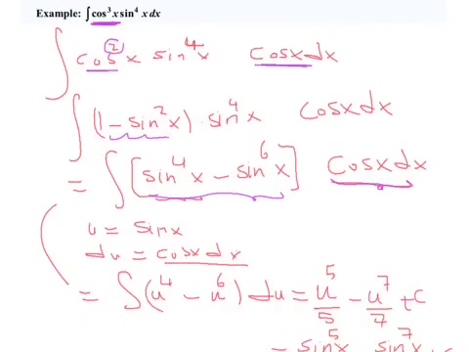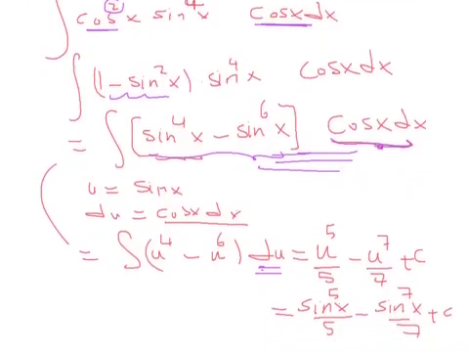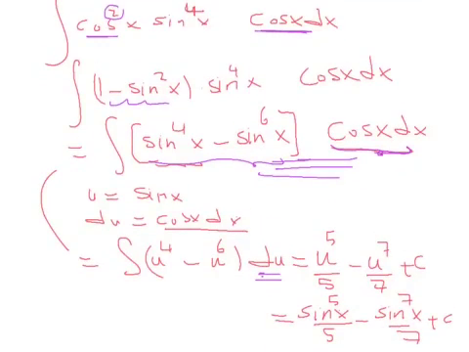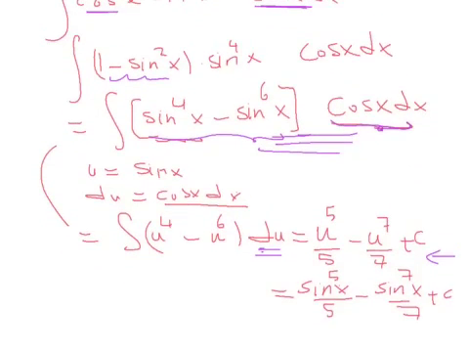So if we take u as sine, du is cosine dx, so what we have here is u to the 4 minus u to the 6 times cosine x dx, which is du. This can be integrated very easily simply by saying u to the 5 divided by 5 minus u to the 7 divided by 7, and then replace u with sine.